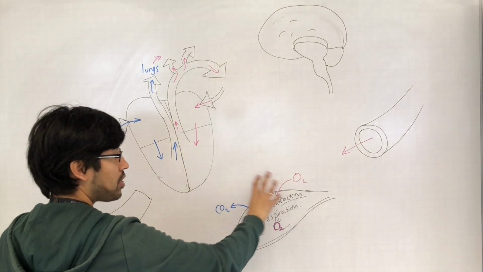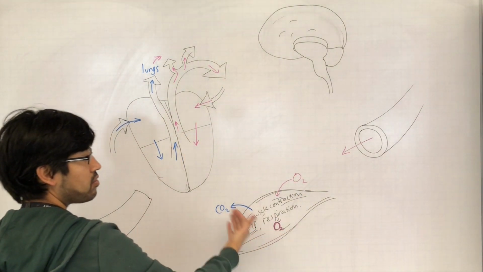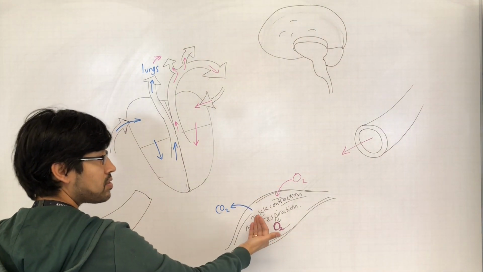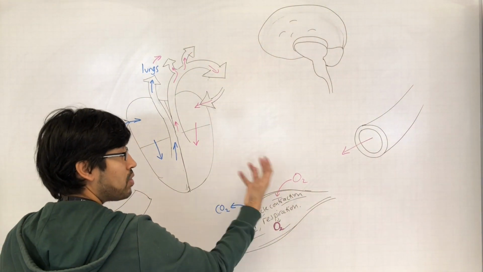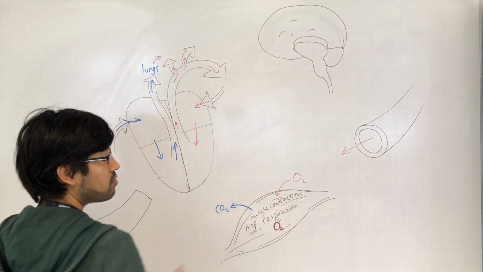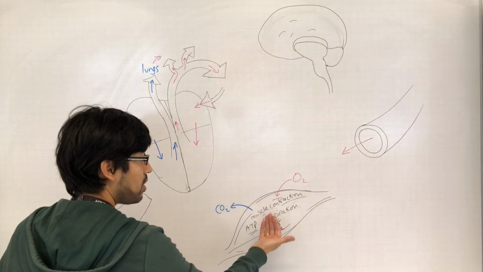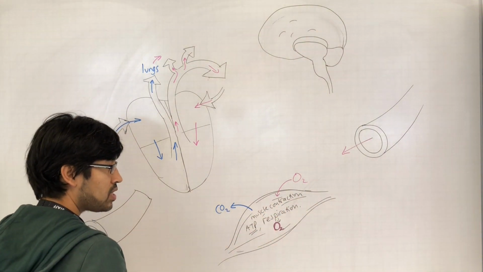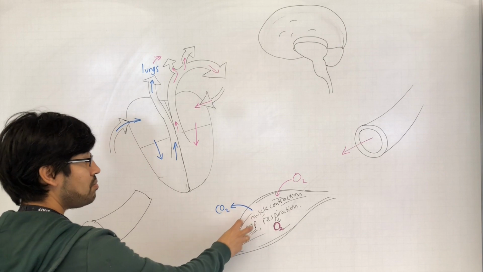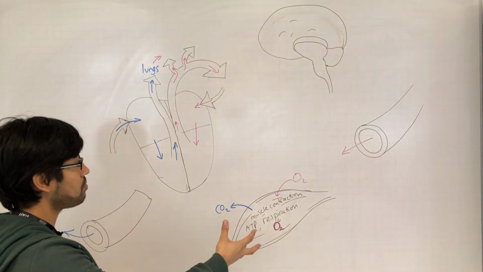When the fluid that contains the oxygen arrives at the cells, because it has a high concentration of oxygen, there can be a high rate of diffusion into the cells. The cells can then carry out respiration and produce ATP. In the case of muscle cells, that ATP can be used for muscle contraction.